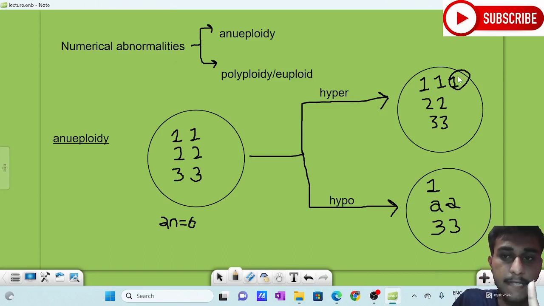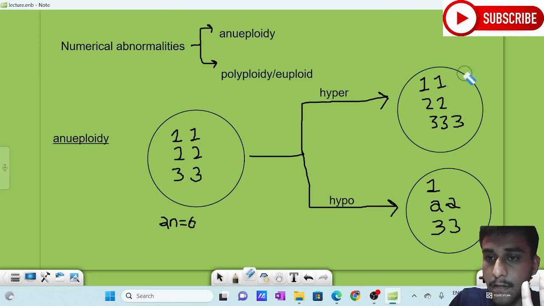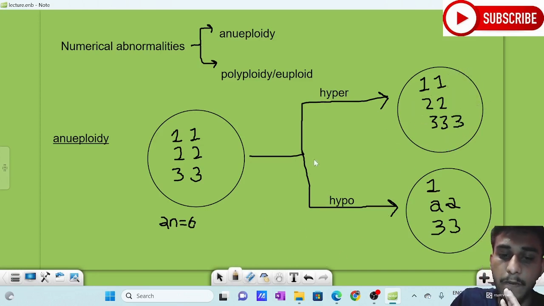We should understand that either 1 can come, either 2 can come, either 3 can come. It is according to chance. I have just written 1 as it is. The condition can also occur, but here 3 will not be there. This is the condition of trisomy.